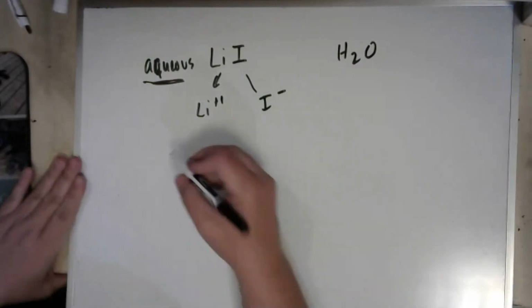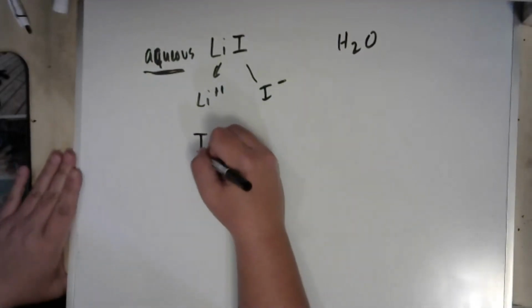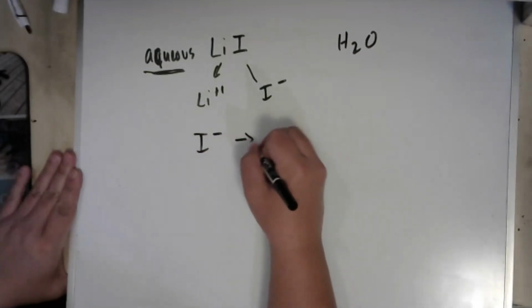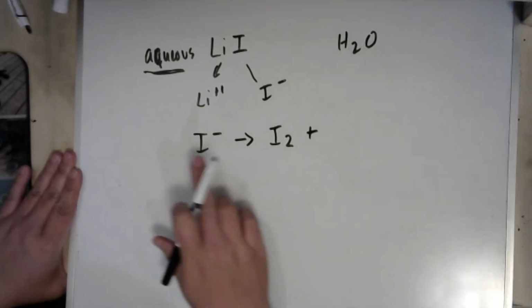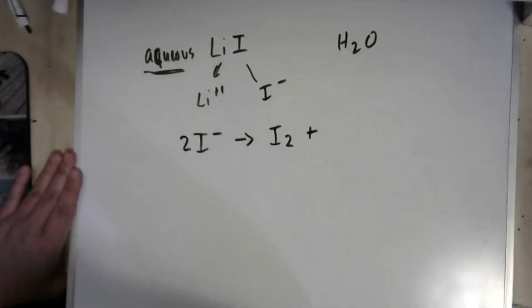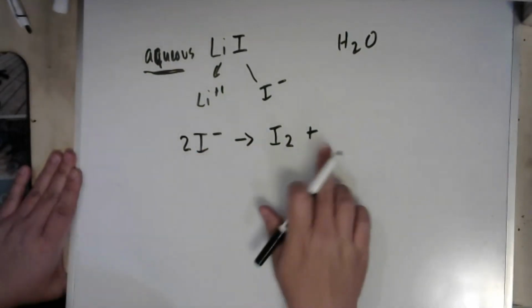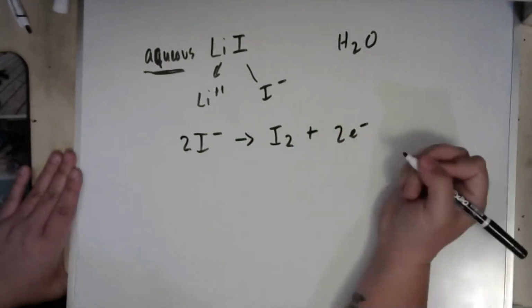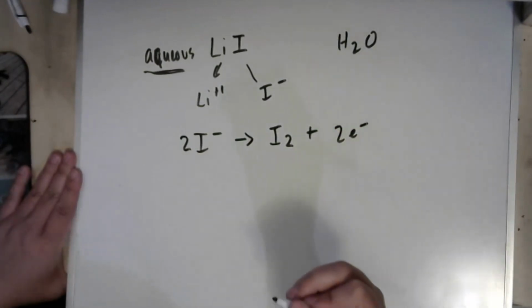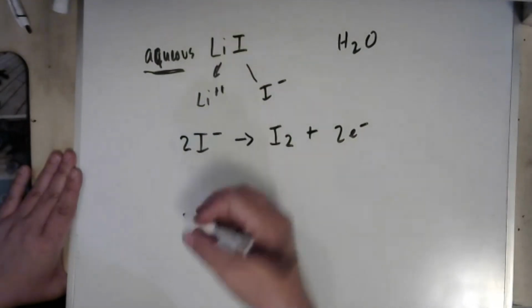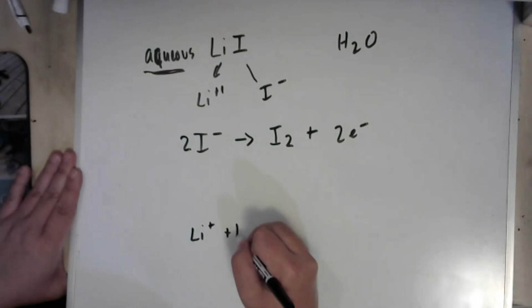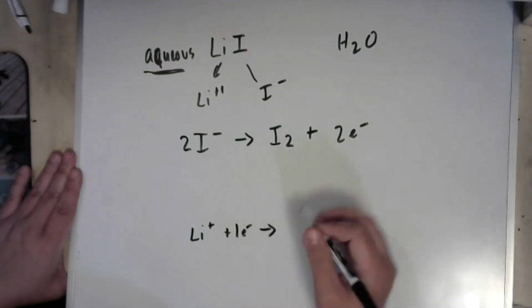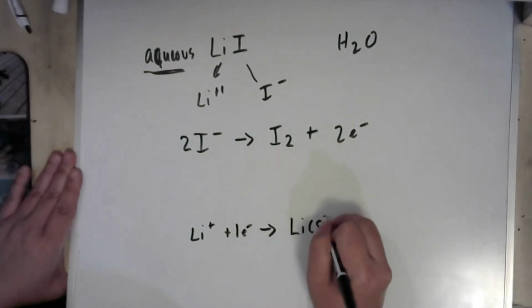We have I minus going to I2, so that means we need 2 iodines, and we'll need 2 electrons here. Our lithium is going to be Li plus 1 electron gives me Li solid.